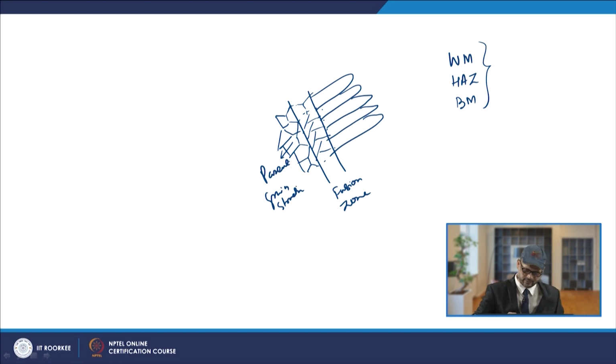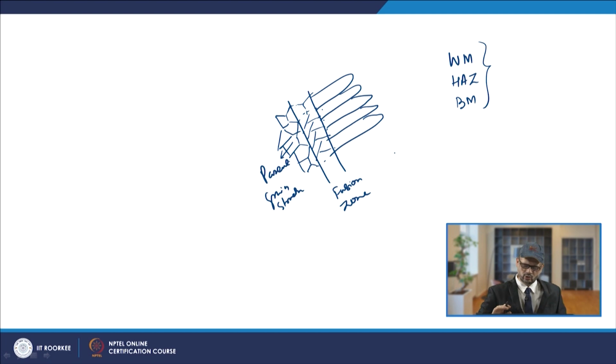That is your heat affected zone, and then on this side you will have the base metal zone, and that is the unaffected zone. So, the unaffected base metal zone, and then towards this side up to the pool, you will have growth from this direction also. This side will be the weld metal zone, which will be here in this case.